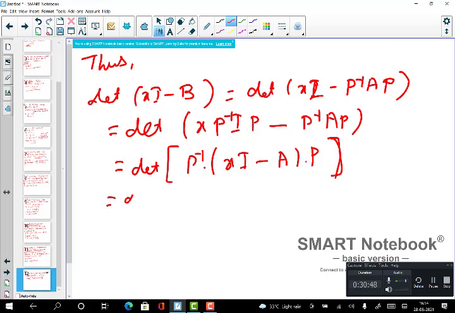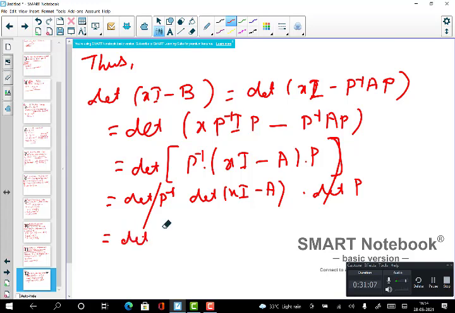So this will be determinant of P inverse times determinant of xI minus A times determinant of P. But determinant of P inverse is 1 by determinant of P, so these get cancelled, and you will have determinant of xI minus A.